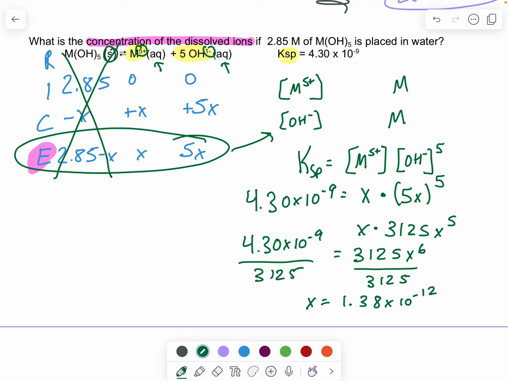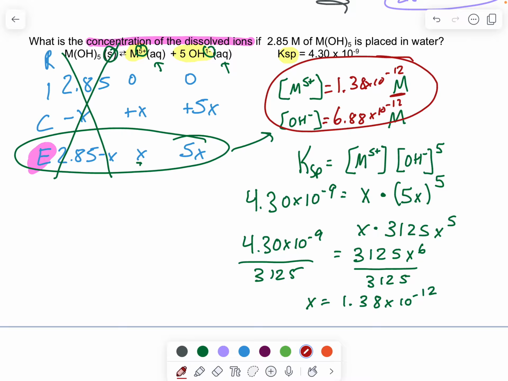So to answer the question, the concentration of M is just x. So the concentration of M is going to equal the x I just calculated, times 10 to the negative 12, with a label of big M, because that's how you label concentrations. And the concentration of hydroxide is just that x times 5, because that's how we defined the concentration of hydroxide.